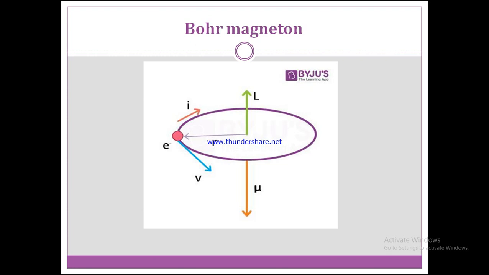Now the orbital motion around the nucleus and the spin around itself create a magnetic moment, which causes the magnetism property. It is introduced by the Bohr magneton.